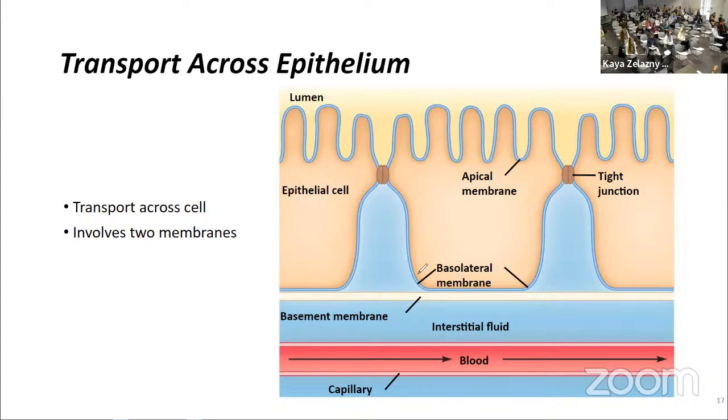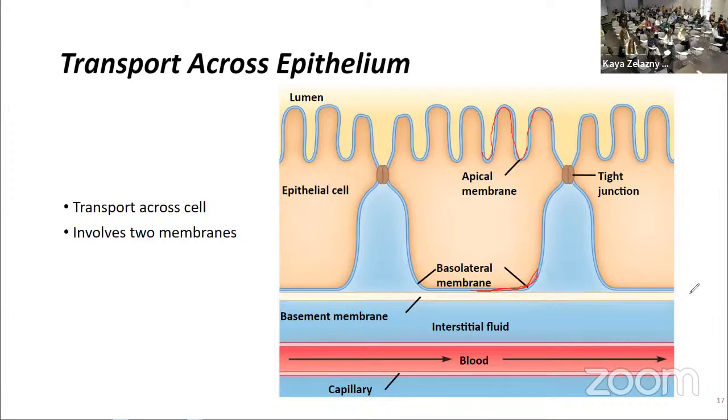So the inside of the intestines is that yellow part, and the blood flow all around the tube is the blood at the bottom here. So you can see that we have a membrane touching our gut tube, touching the contents of the intestines up at top. That's our apical membrane. We have a side down here touching the blood, or near the blood anyway. This is our basolateral membrane.